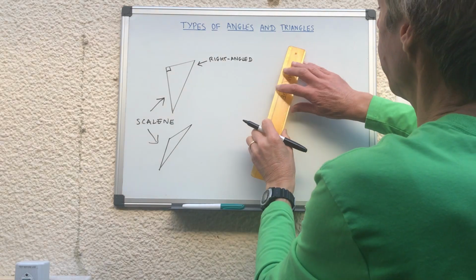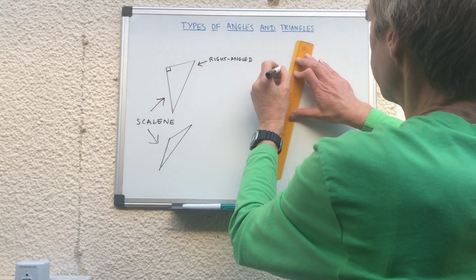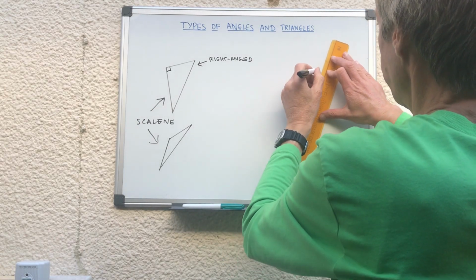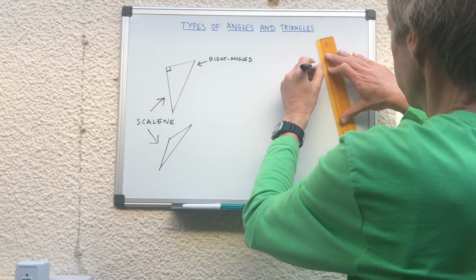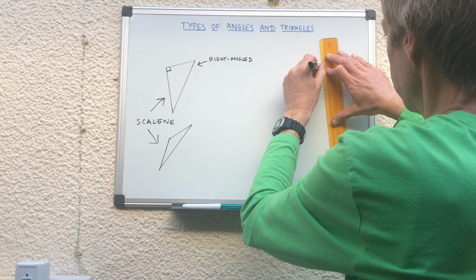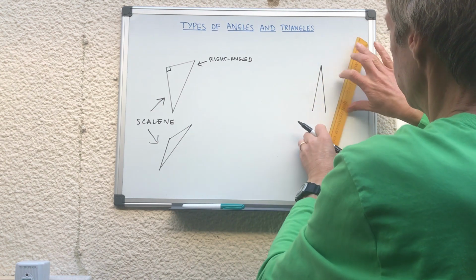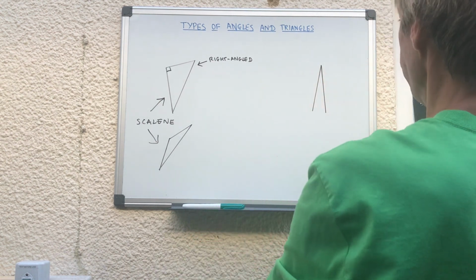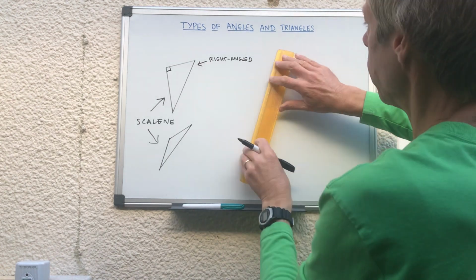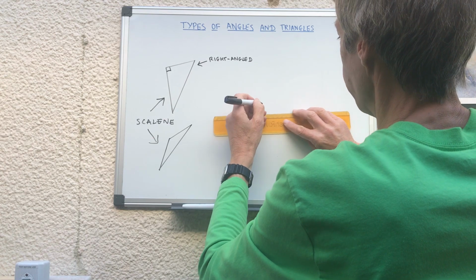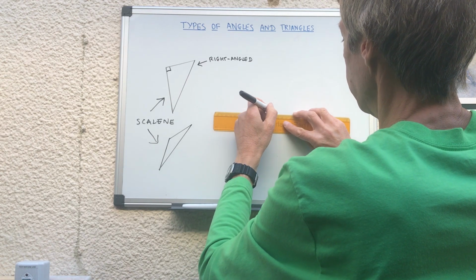Then we have the isosceles. So let's put one here. Right, let's do this one first.